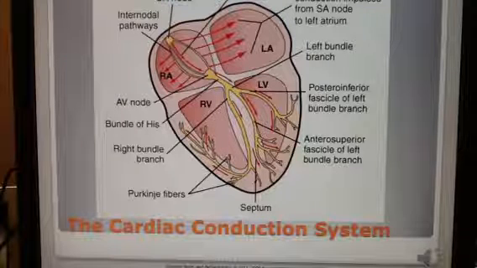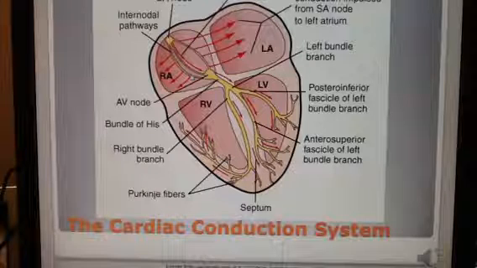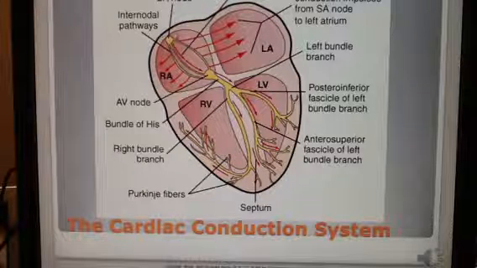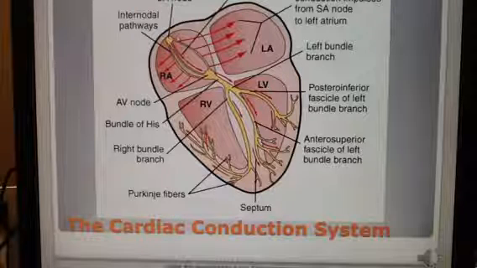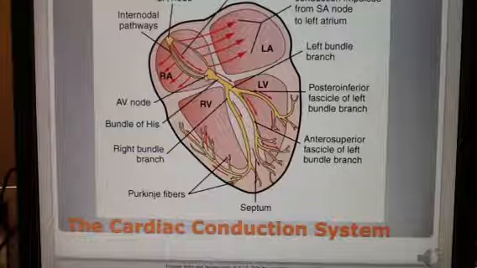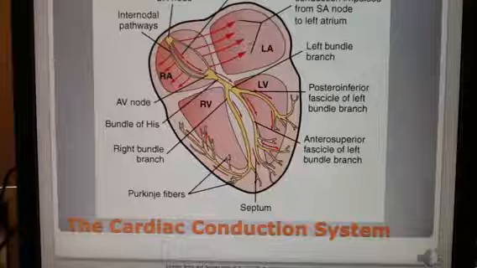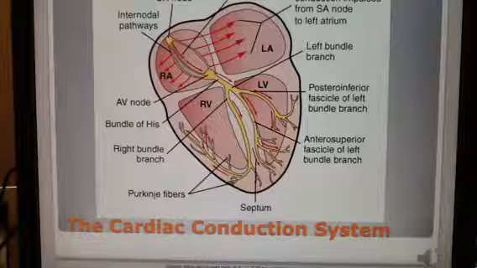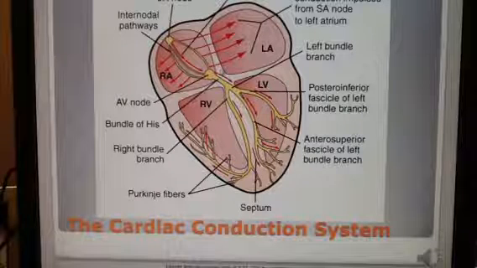It starts up here at the SA node, and the SA node is the sinoatrial node. The sinoatrial node then fires and we get stimulation onto the right atrium, over in the left atrium, and then it goes down to the atrioventricular node here.